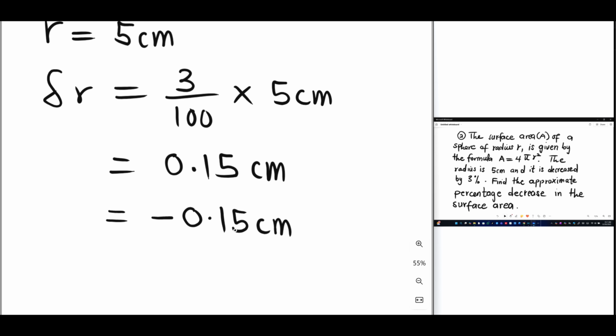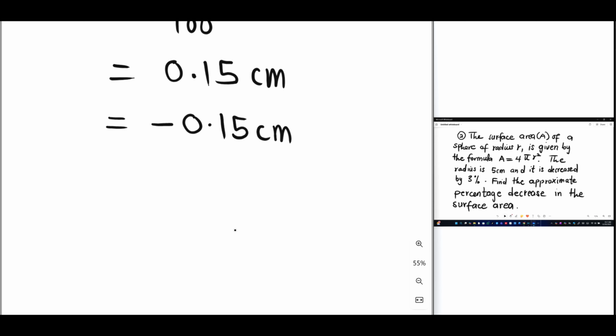Because there has been a reduction, the new radius will be smaller than the initial radius, so when you subtract, you get a negative result. Because it has been decreased by 3%, you just find 3% of the initial radius, then multiply the result by -1.